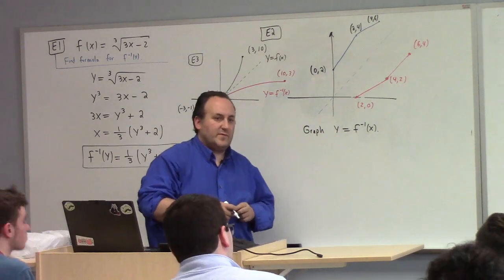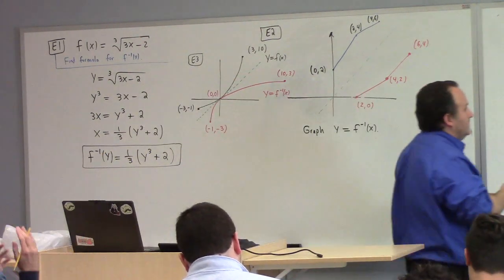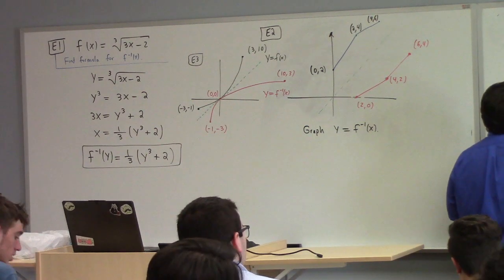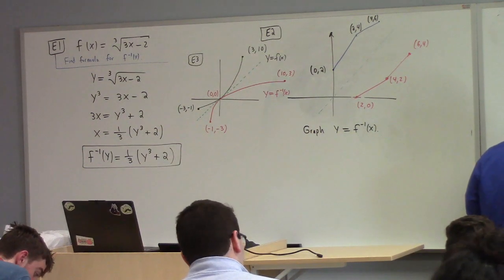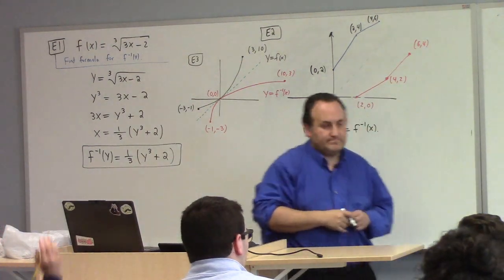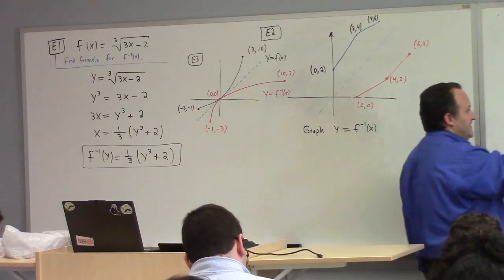So how do we find the formula for f inverse of y? We set y equal to the formula, and then our goal is to solve for x. First thing I'm going to do is subtract 10 from the other side.